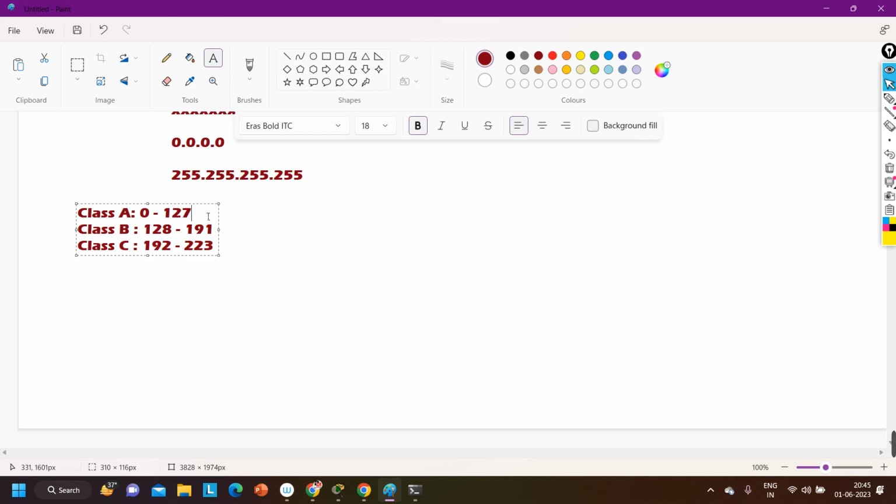After that, we have defined the subnet mask, because each IP address is actually a combination of two things: network bits plus host bits. In all IP addresses there will be some network bits and some host bits.